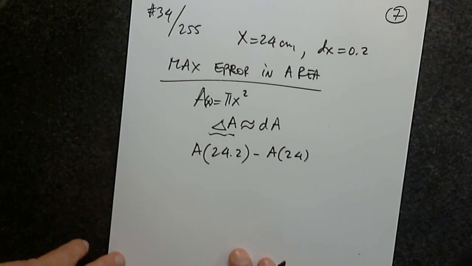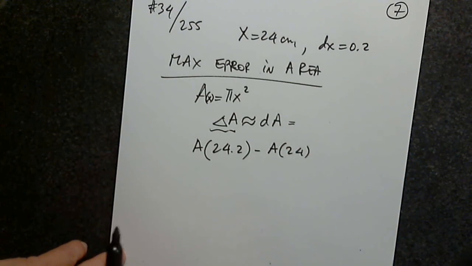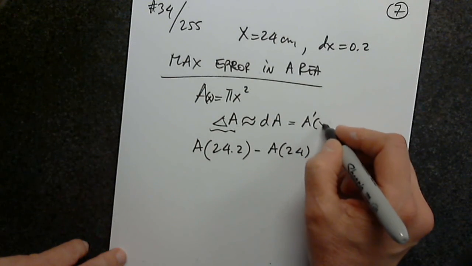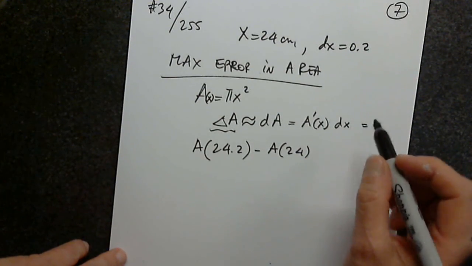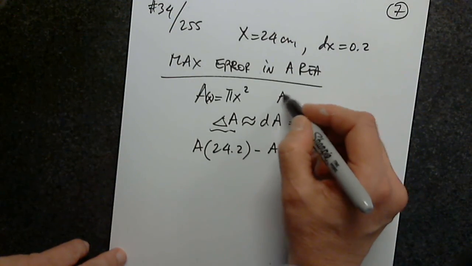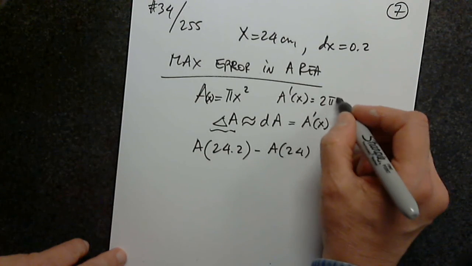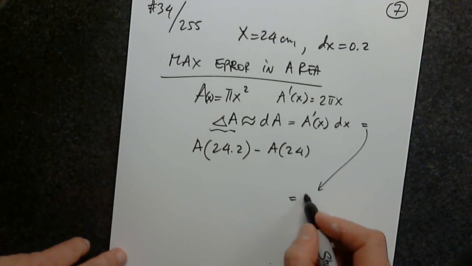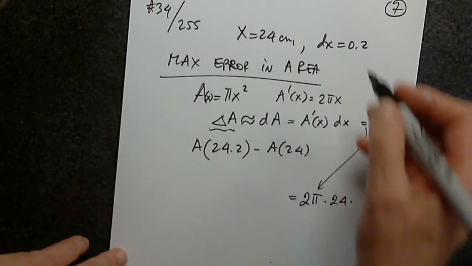This is this side. Agreed? But what about this side? By definition, it's A prime of x times dx. Let's find A prime of x: 2 pi x. Good. So this side will be 2 times pi times 24 multiplied by 0.2.